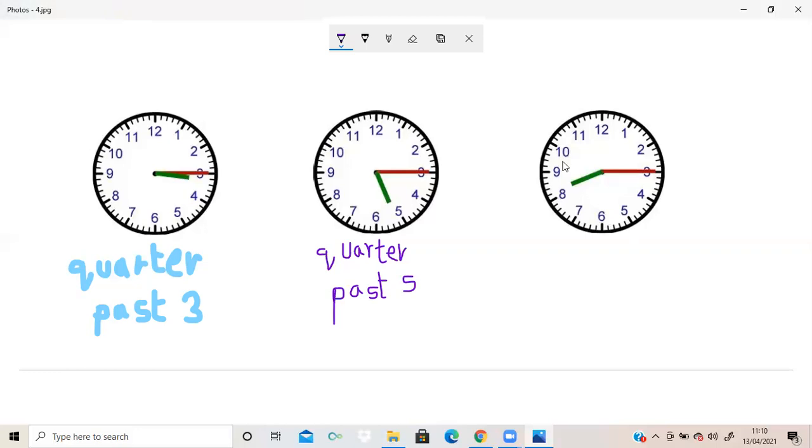The next one has the minute hand pointing at 3 and the hour hand after 8. So the time is quarter past 8. I'm going to write it in a short way.